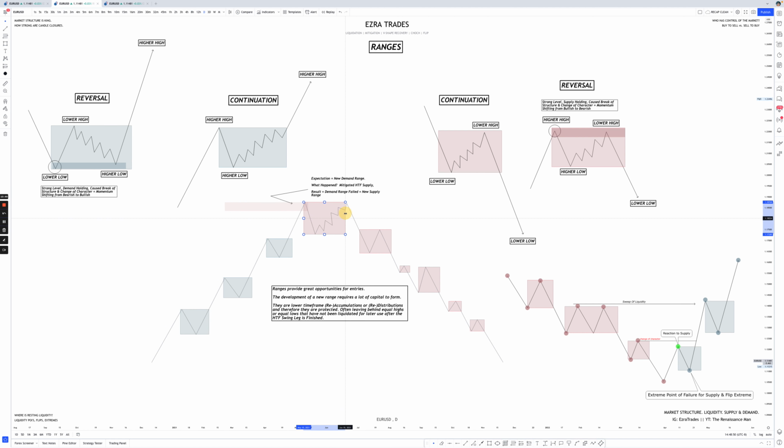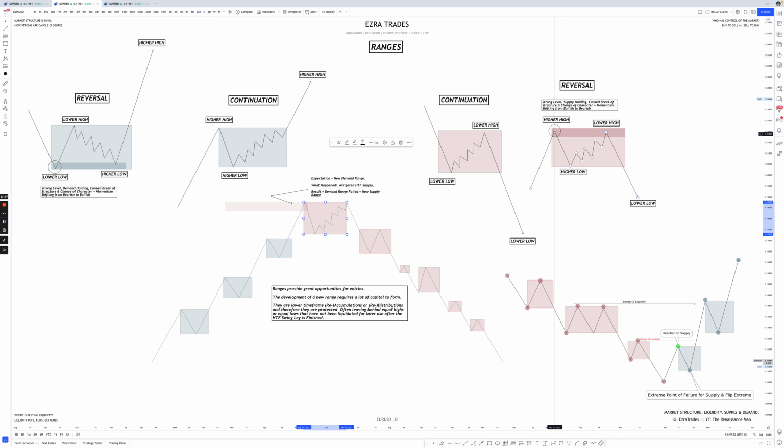So in this case, what do we get? We respect the highs, therefore we are not confirming this as a demand. What do we get? We get a supply range. And so in this case, this is a reversal. So this tells us what? We have a higher high forming, we have a higher low, and this is now a lower high that respected the supply or made equal highs, right?